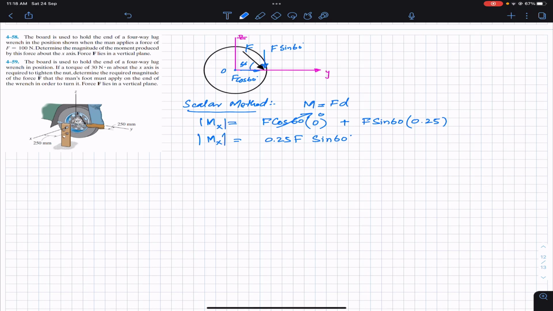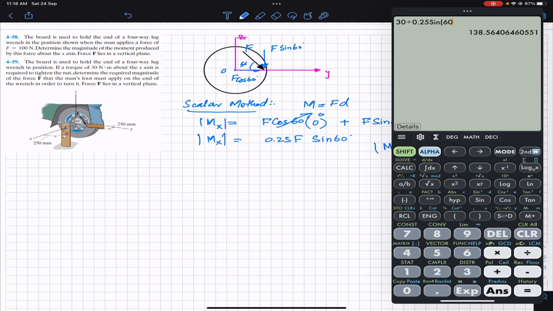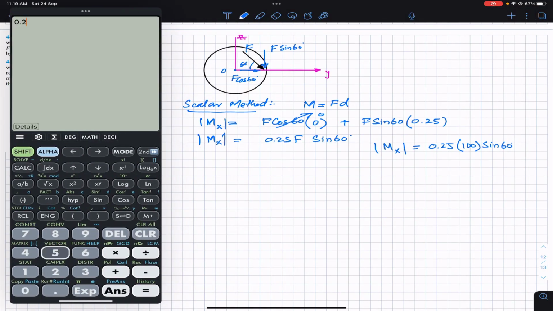Now if I put F equals 100, since in the problem statement it is given that the man applies 100 Newton force, then we can find the magnitude of the moment about the x-axis. This is 0.25 into 100 into sine of 60. 0.25 multiplied by 100 multiplied by sine of 60 gives us 21.65, and the units will be Newton meter.